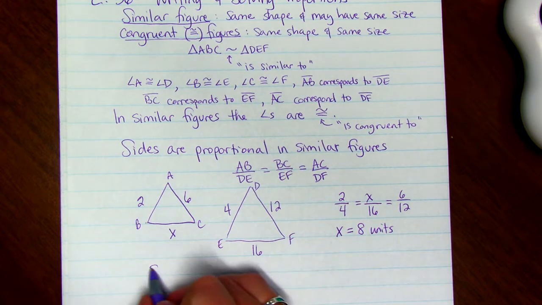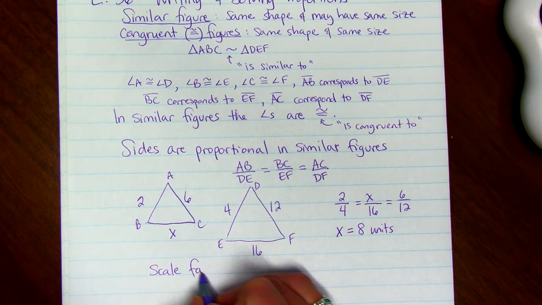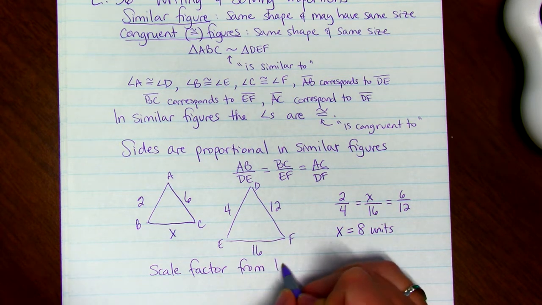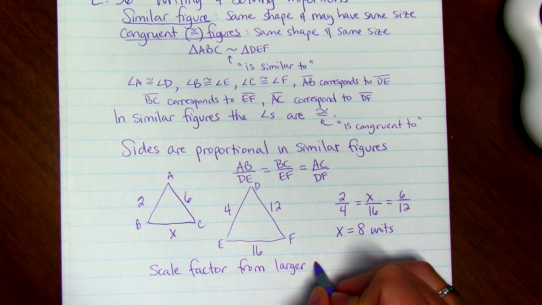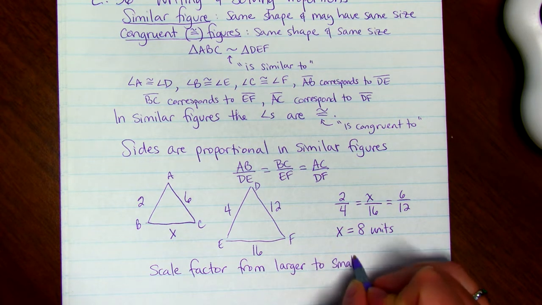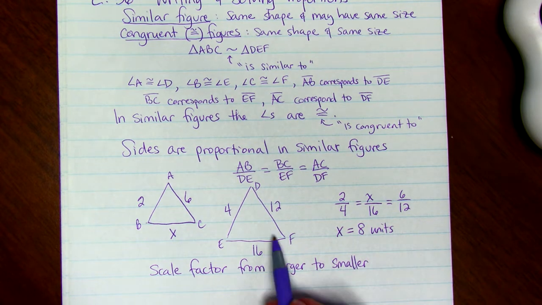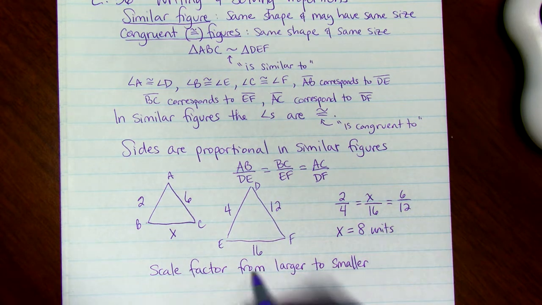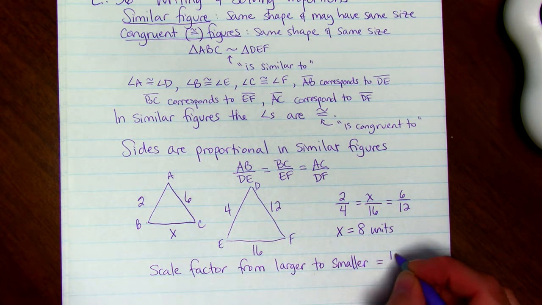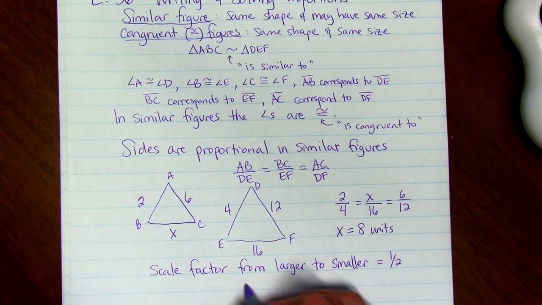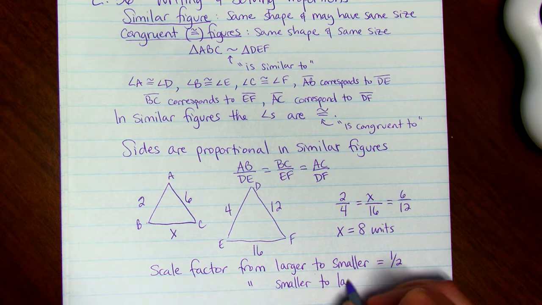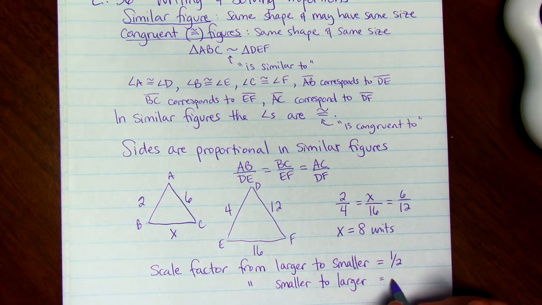So the scale factor, if we were looking at this example, from the larger to the smaller, is what do we multiply 12 by to get 6. So from the larger to the smaller would be 1/2. If we wanted to go from the smaller to the larger, we do the reciprocal of that, which is 2.